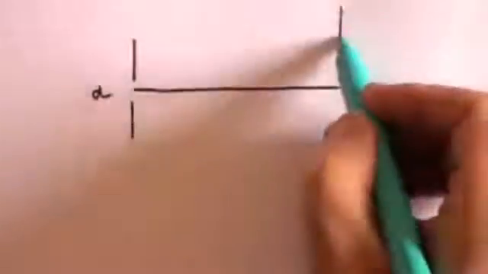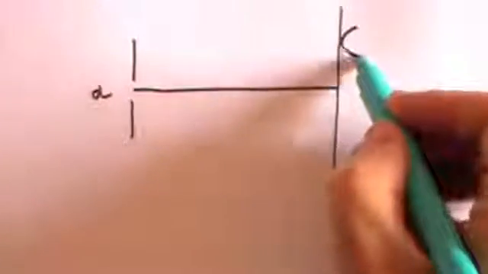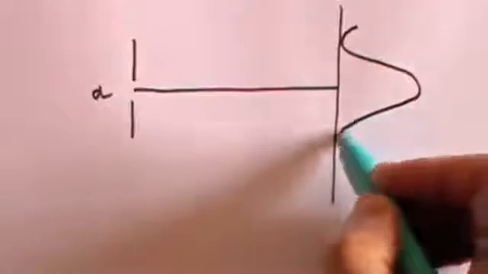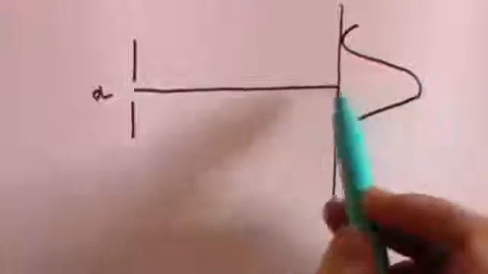Now I just want to make a slight diversion to remind you of the principle of single slit diffraction. If you have light coming through a single slit whose width is d, then the light coming through hitting a screen will in fact be diffracted, and the intensity of that diffraction will look something like that. In other words, opposite the slit you get a very bright amount of light.